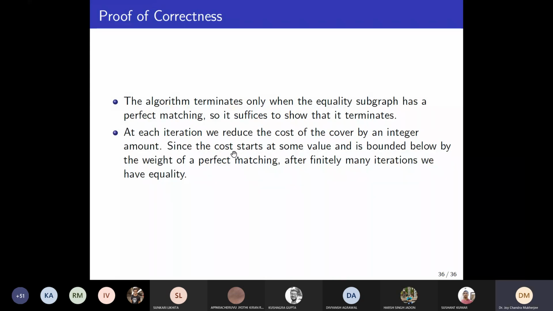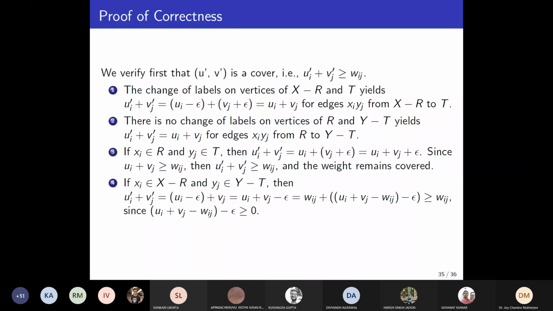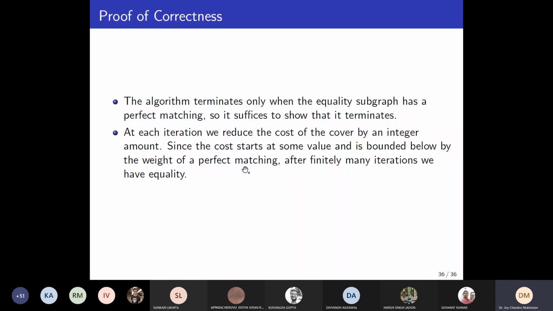Since the cost starts at some higher value and is bounded below by the weight of a perfect matching, after finitely many iterations we have this equality. So this last slide actually proves that this algorithm will terminate.